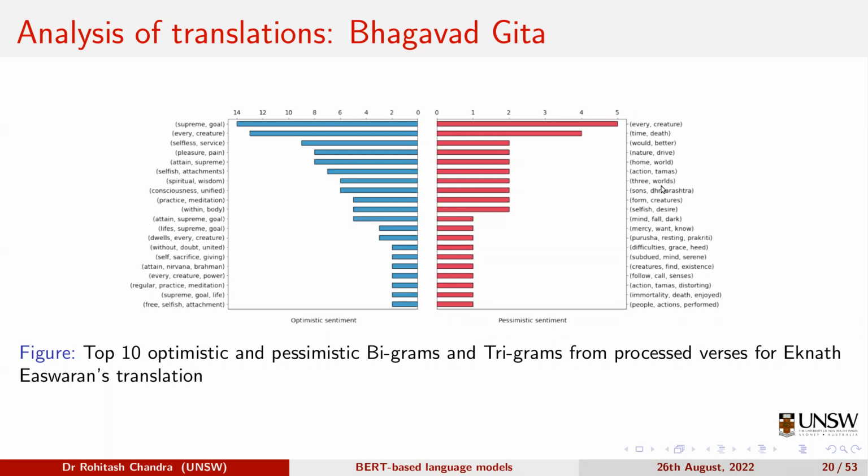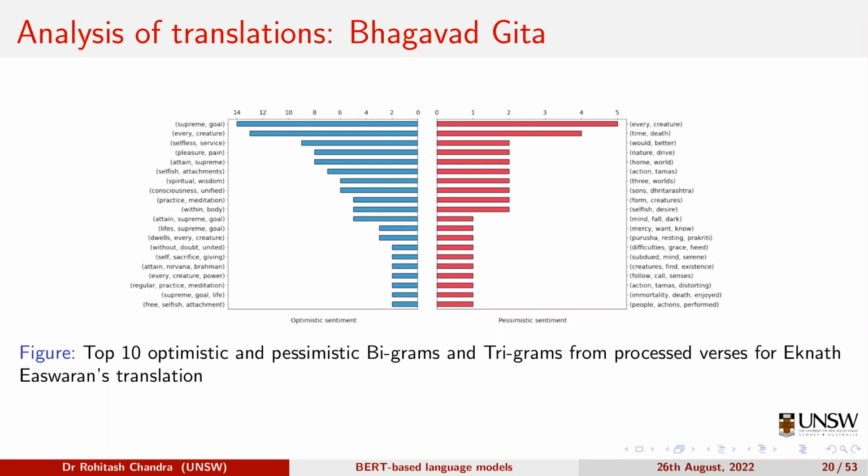And then we have divine action, tamas, three worlds, sons of Dhritarashtra. These bigrams and trigrams are from the verses which are identified as optimistic and pessimistic.